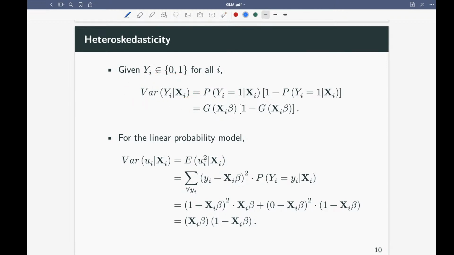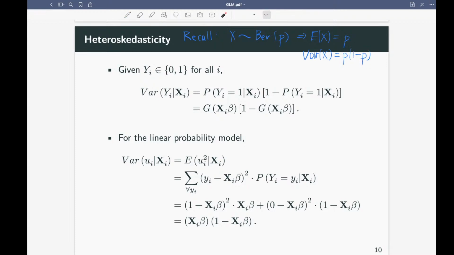Recall that if x is from the Bernoulli distribution with parameter p, then the expected value of x is equal to p, and the variance of x is equal to p times 1 minus p.